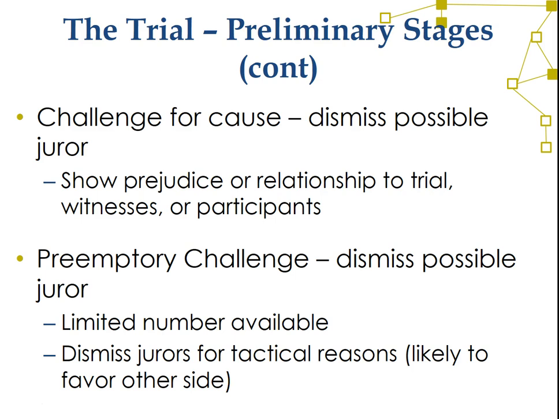Now, in order to successfully challenge for cause, an attorney must convince the judge that the prospective juror will not base his or her decision on what occurs inside the courtroom. And generalities such as friendship with a police officer or even being a police officer, that's not enough. Now, if a juror is excused, a new name will be drawn.